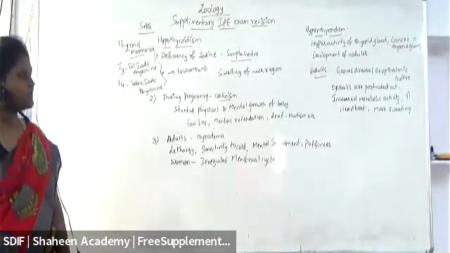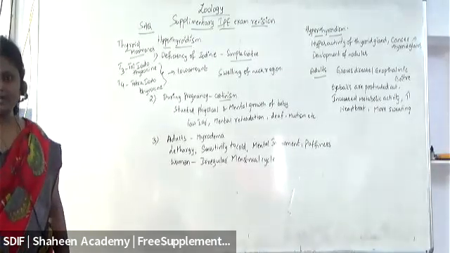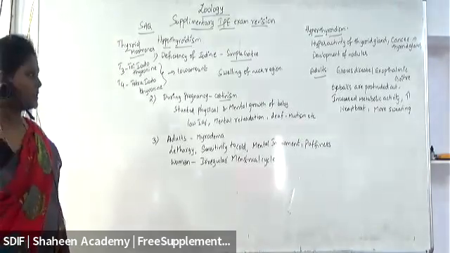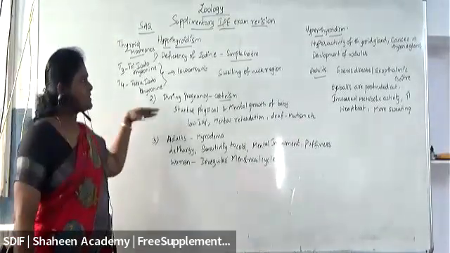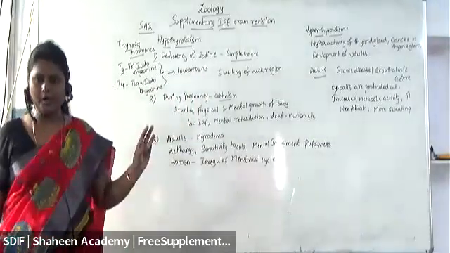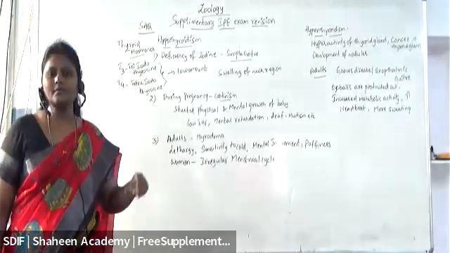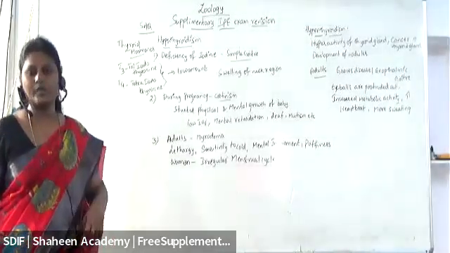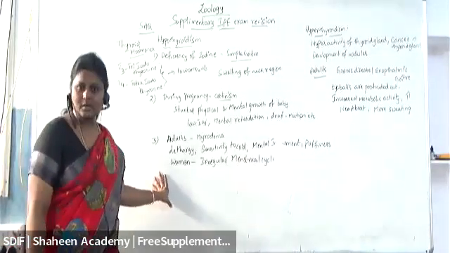So where the symptoms are, eyeballs are protruded out, increased metabolic activity, increased rate of heartbeat, and then more sweating. So this is about hypothyroidism and hyperthyroidism. Hypothyroidism: simple goiter, cretinism, myxedema. Hyperthyroidism: Graves' disease or exophthalmic goiter. So hope that you have understood this SAQ.